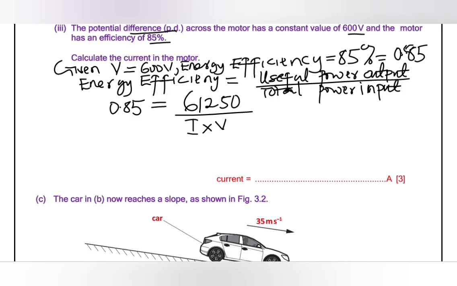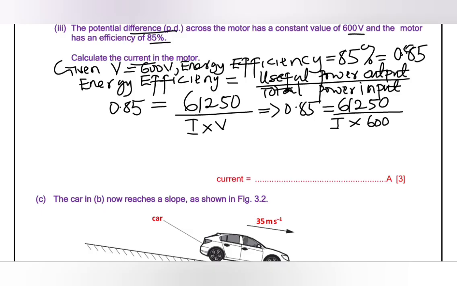So we need to calculate the current in the motor. Then we are going to substitute. We have 0.85 equals 61,250 divided by I times 600 volts.